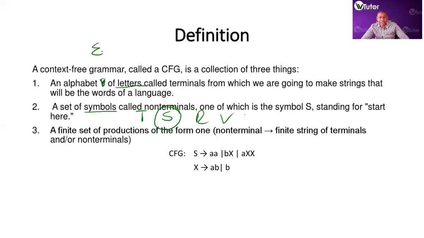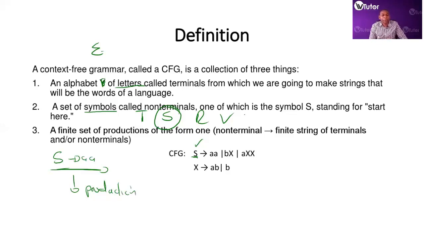I then gave an example here. We have a non-terminal S which represents start here. So as a rule, you would have S goes to AA. This is a production, and it says S can be replaced by AA.